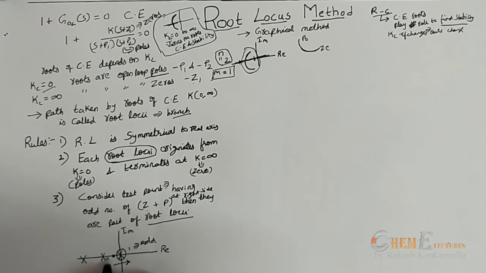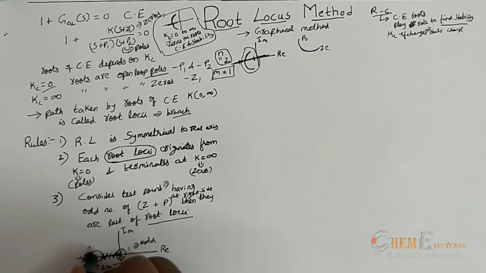So from this point to this point, let me draw it as a dashed line, this comes under my root loci. Now if I take a test point at this point, you can see there are two poles, which is an even number, so this does not come under the root loci.